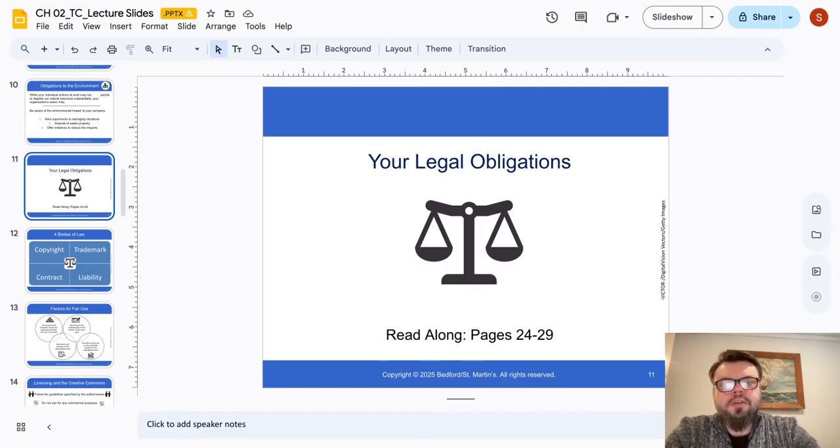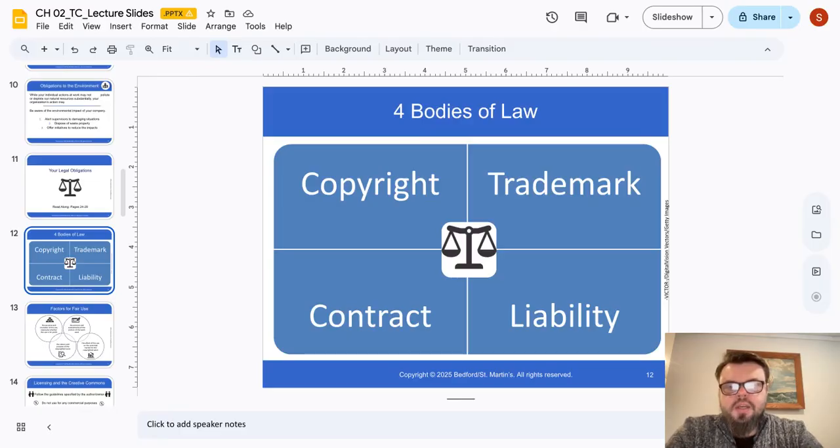The goal is to understand enough to avoid obvious problems, recognize legal risk early, and know when your organization needs legal guidance. This slide gives you a big picture view of the four bodies of law that matter most in technical communication: copyright, trademark, contract, and liability.